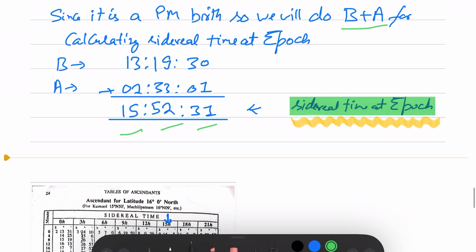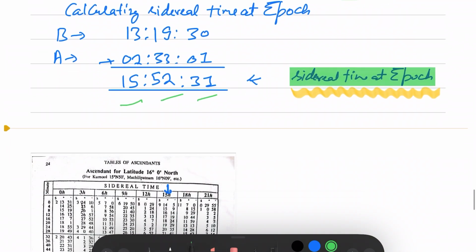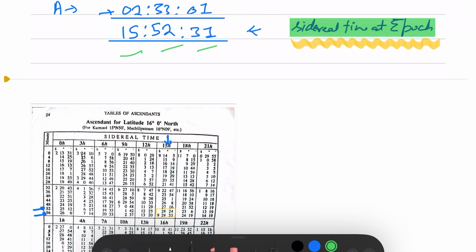For this we have to use the longitude. Longitude as mentioned here is 16 degree 11 arc minute north. So I have placed this table of ascendant page, and the time is 15:52. So 15 is mentioned here, and 52:31 lies between 52 and 56.